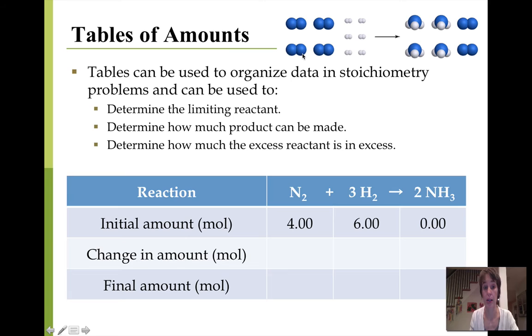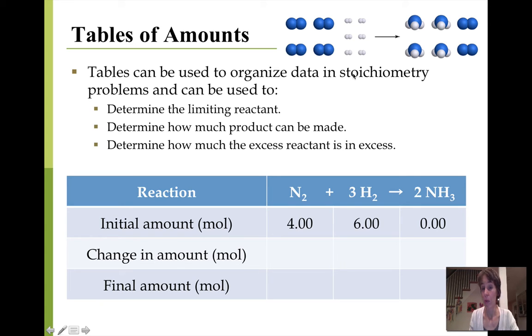So the initial line has our molar amounts of our reactants and products. Typically, we don't have any product to start out with in a problem. In this problem, we had 4 nitrogens and 6 hydrogens.